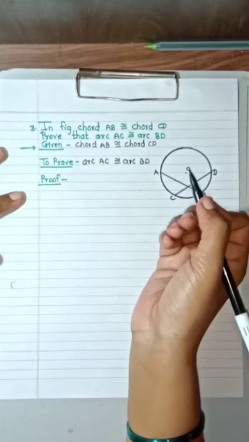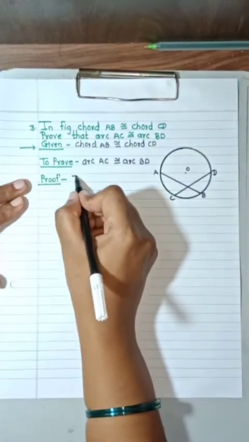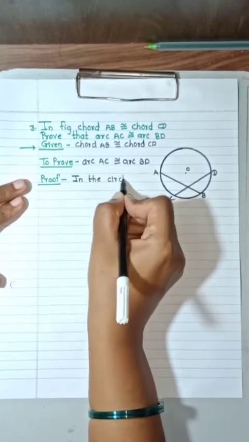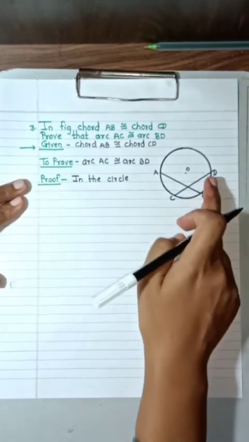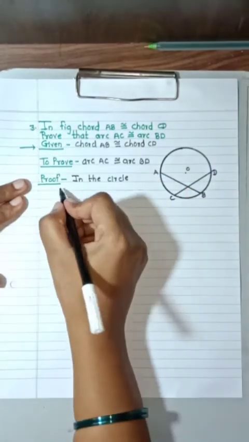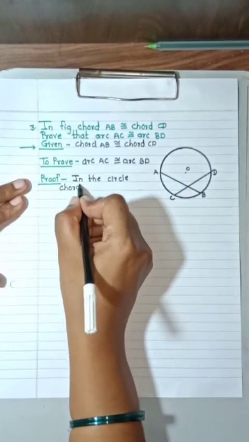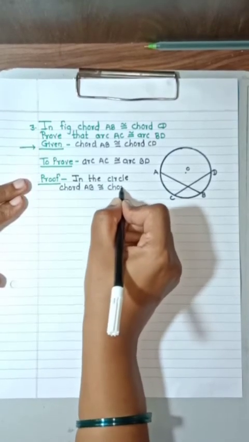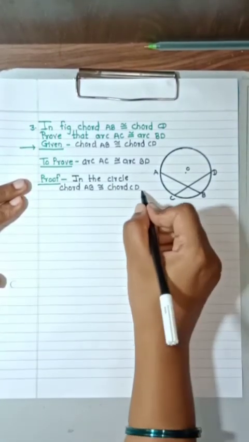Now let us move on towards the proof. Now in the circle, chord AB is congruent to chord CD. It is given to you. You can write down here given.